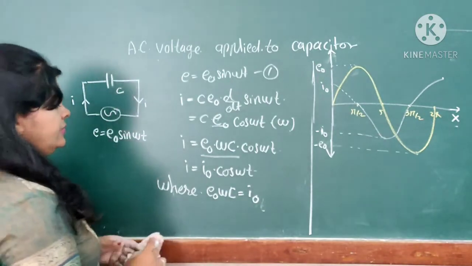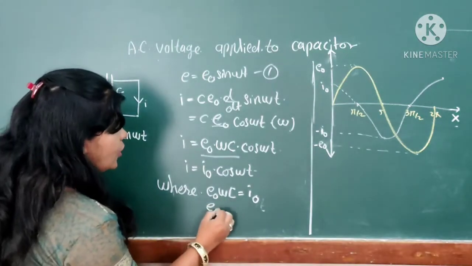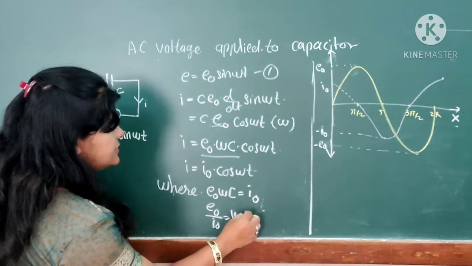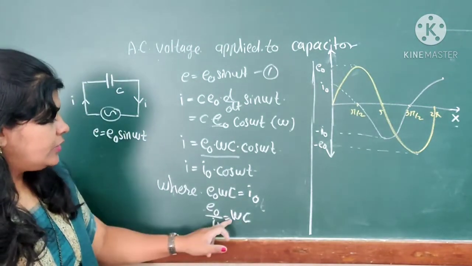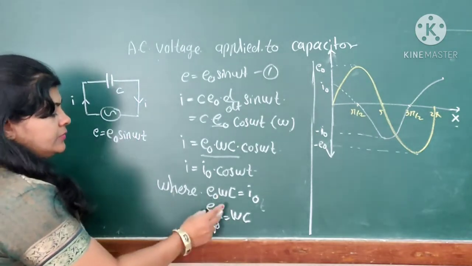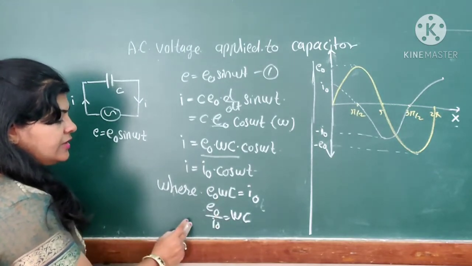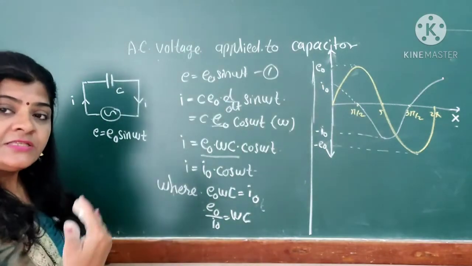From this we can also say that E naught upon I naught is equal to 1 upon omega C. This E naught upon I naught is called the resistance, because we know that the voltage upon the current gives the resistance value, but here the capacitor is there, and the capacitor opposes.